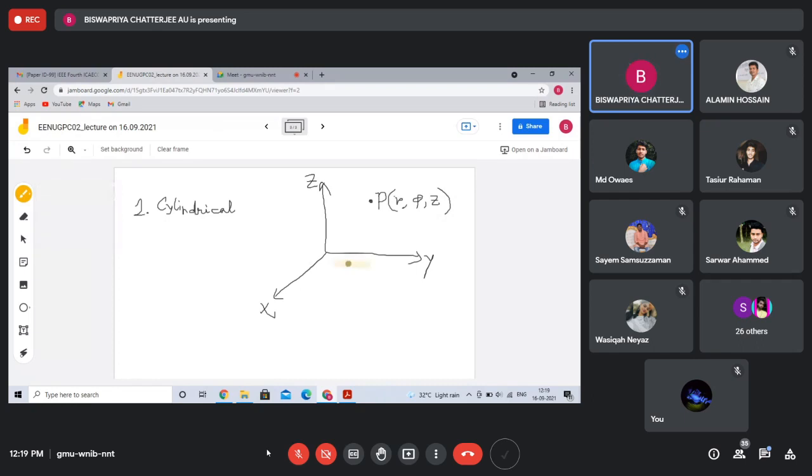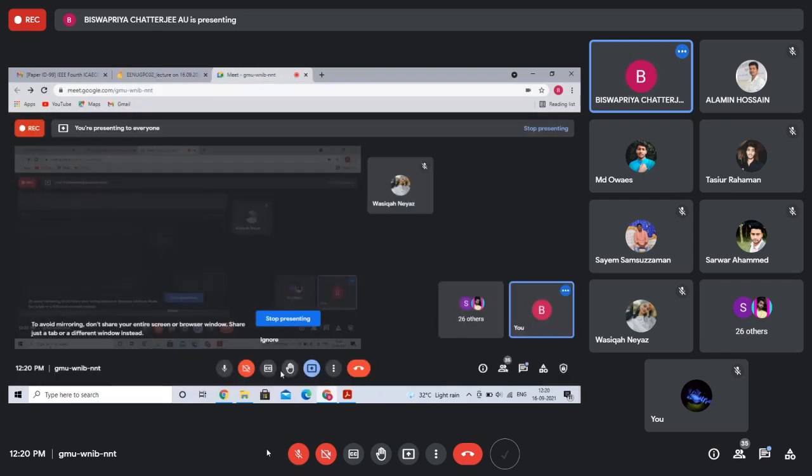So this yellow shaded portion is called the xy plane. If you simply think of your room, it is a perfect example of a three-dimensional space. In any room, you will find your floor and your roof.